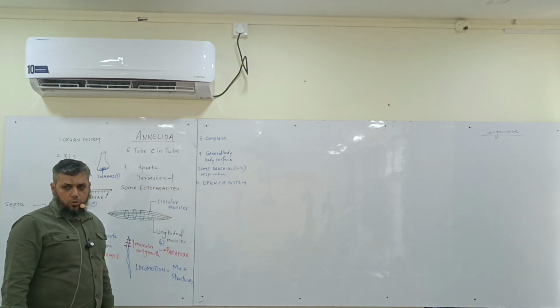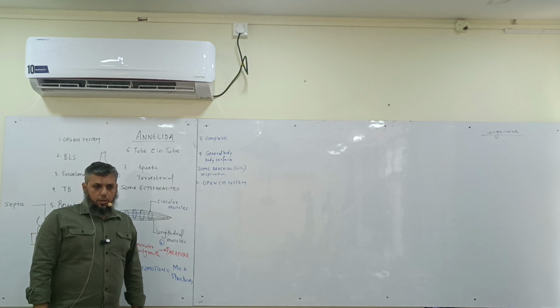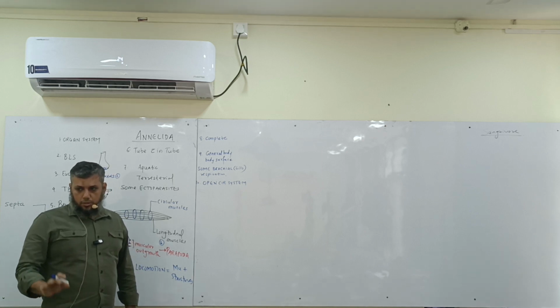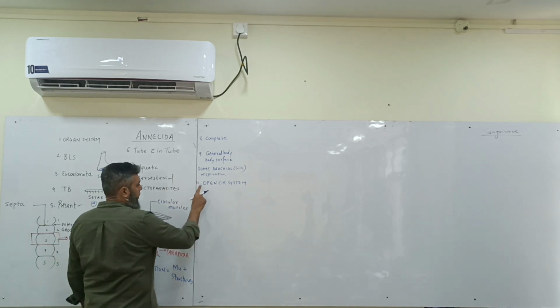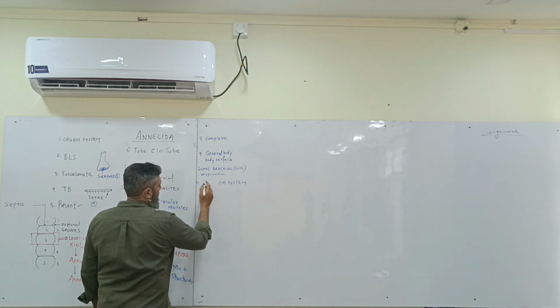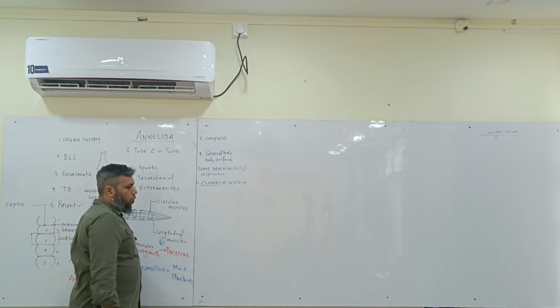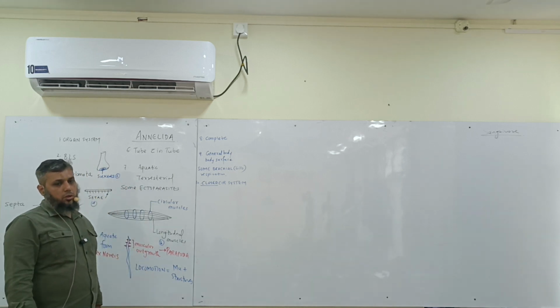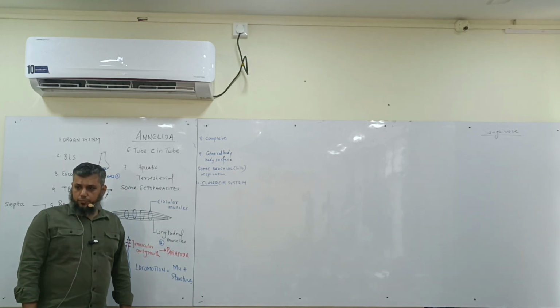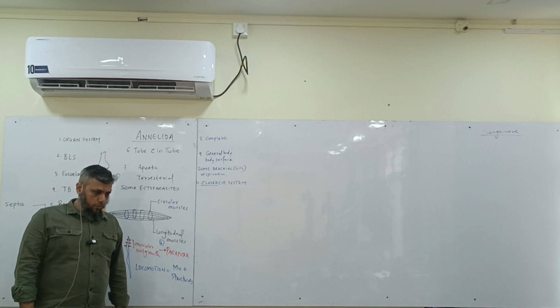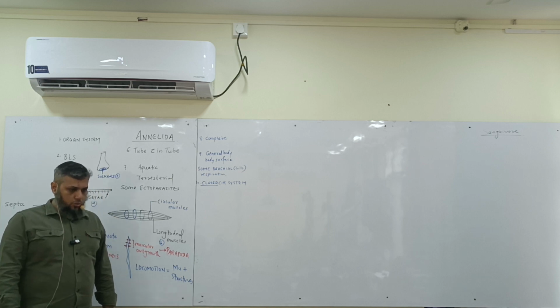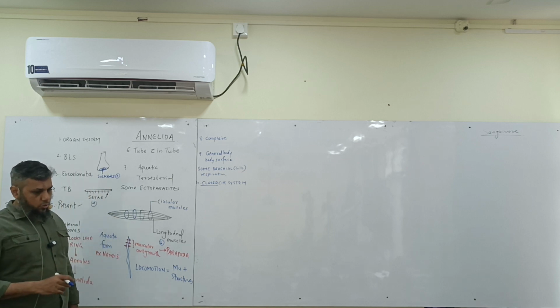I've told you before, right? What is closed circulatory system? Closed circulatory system, not open. That is why it's amazing, because it's a lower phylum, but it's still showing a closed circulatory system. I've told you closed also, right, bachcho? Yes or no? Hey, what is closed circulatory system?